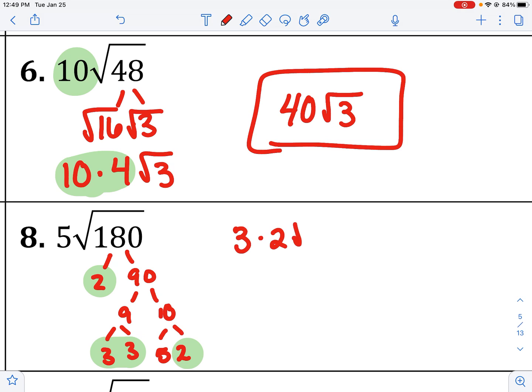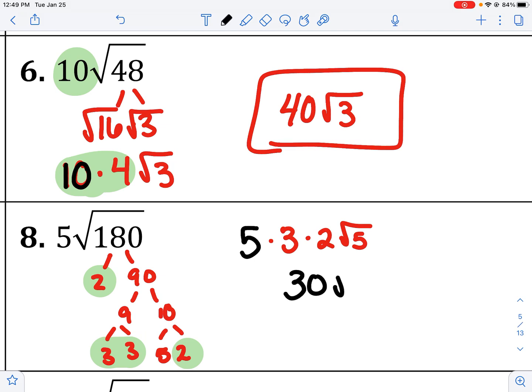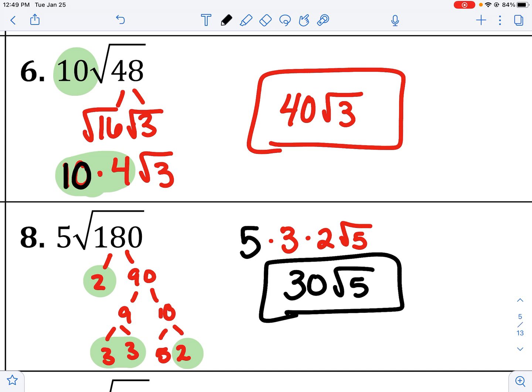This would be 3 times 2 times the square root of what was left over, the 5. But we can't forget about that 5 that was out front. So maybe I should do that in a different color. I'll do that here in a different color as well. So this would be 30 root 5 if you were to simplify all of that down.